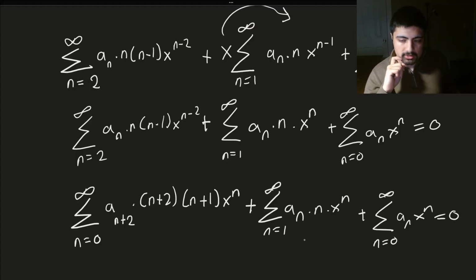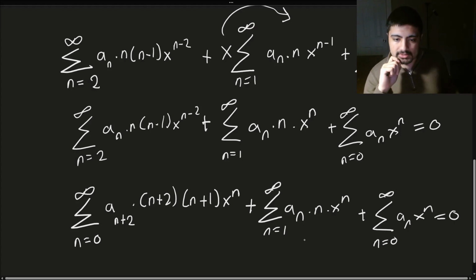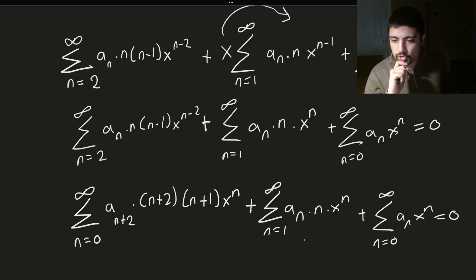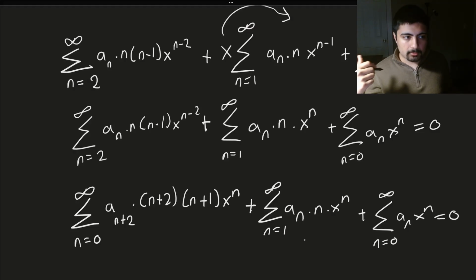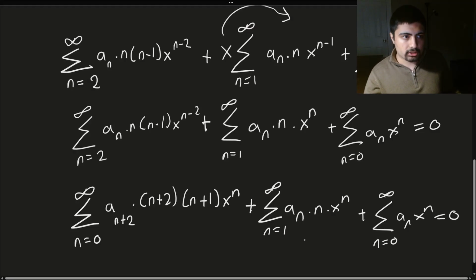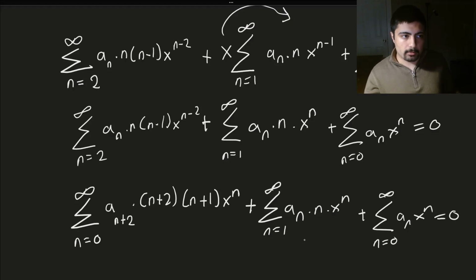But the only problem is that the series indexes don't match, right? We have different indexes for the series. We can solve this problem by taking out the first term of the first and the third series so that all of the indexes match 1. That seems to be the only way to do this problem.